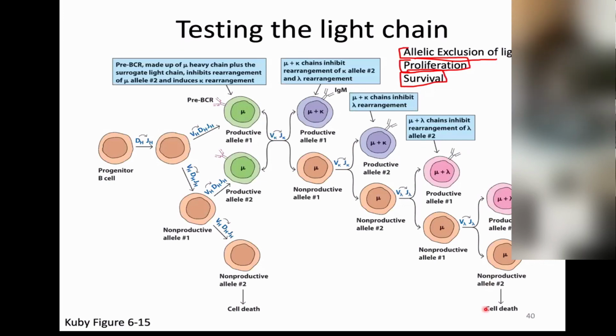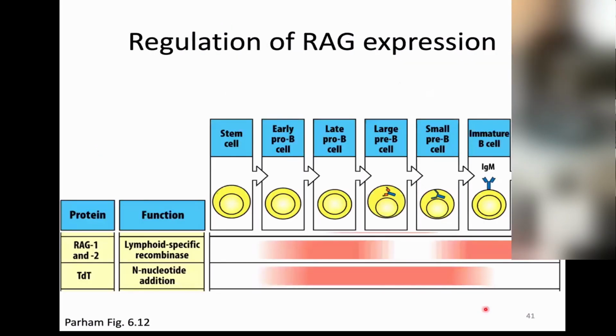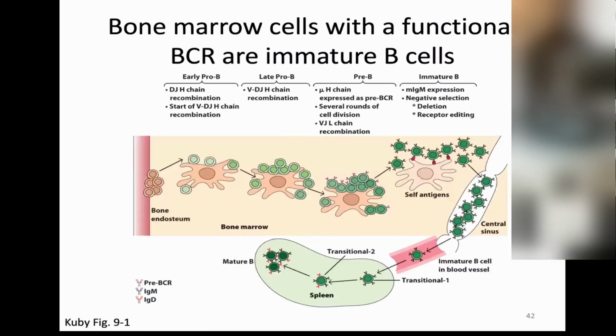The lambda ones must have failed a couple of times before they actually did their recombination. And so now our cell is going to turn off RAG. So RAG is off now, and we're pretty much done with VDJ recombination.